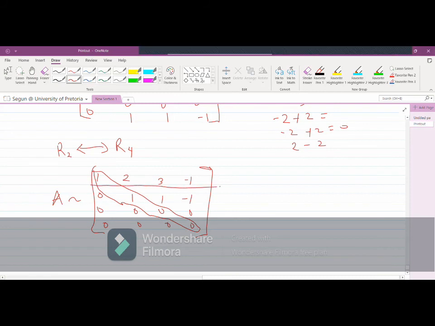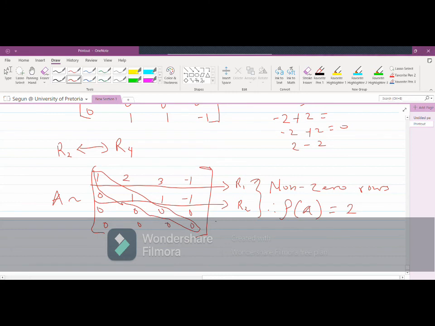So meaning that our row 1 and row 2 are non-zero rows. Therefore, the rank of the matrix is the number of non-zero rows that we have. So the rank of A in this case is 2.